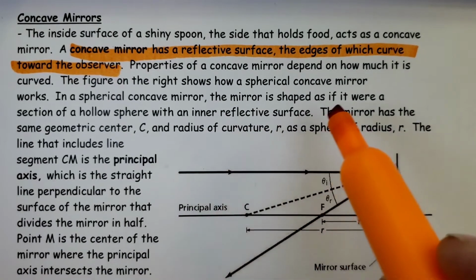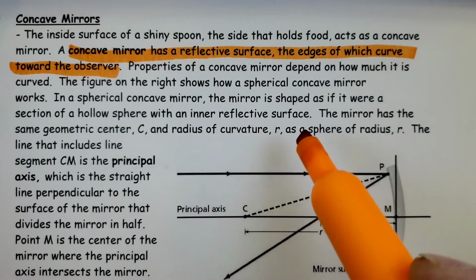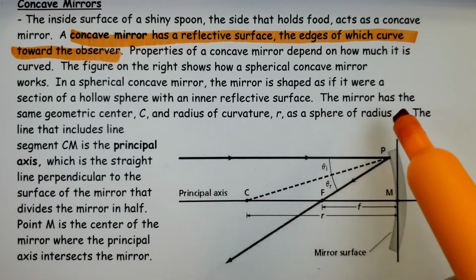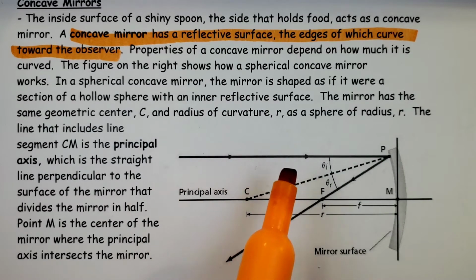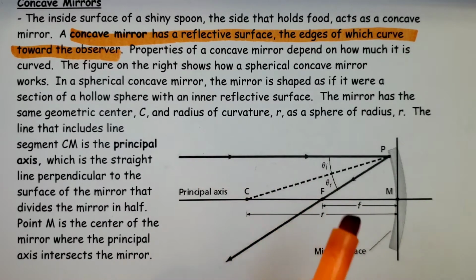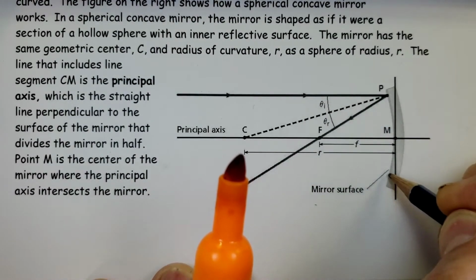In a spherical concave mirror, the mirror is shaped as if it were a section of a hollow sphere with an inner reflective surface. The mirror has the same geometric center, C, and radius of curvature as a sphere of radius r. So if you look at this, here's the mirror here, a section of it.